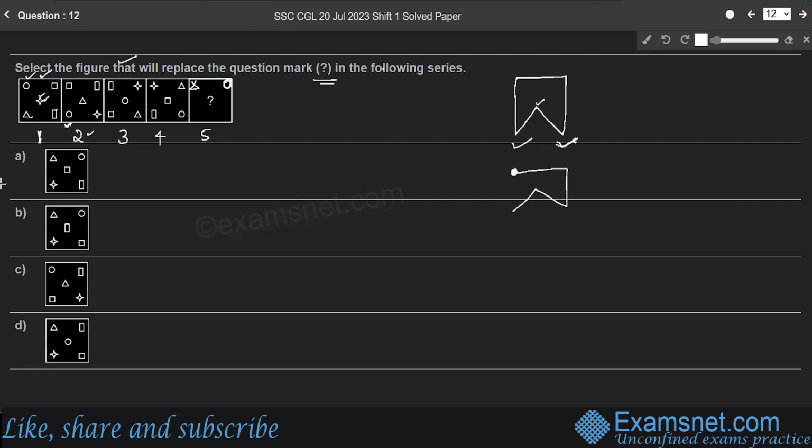Now consider the star mark. The star is moving from the first figure to the last figure like this. Therefore, in the 5th figure, the position of the star should be here, in the left bottom corner. Whereas the rectangle is moving from this position.